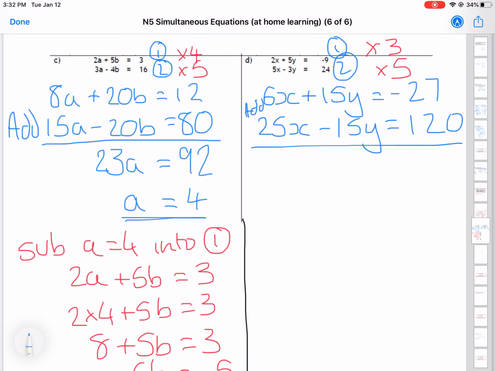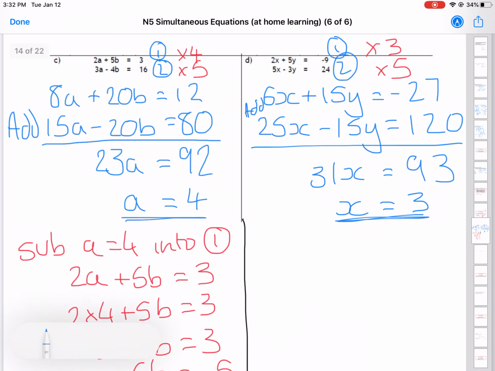Now we can add these two together, since we have got the y's being 15 and we've got different signs there as well. So 25, add the 6, gives us 31x. Negative 27 plus 120 gives us 93, and as we can see, things work out very nicely. X is 3.